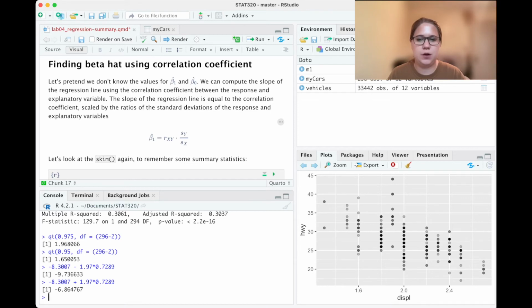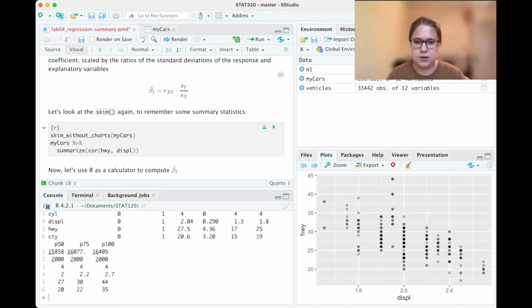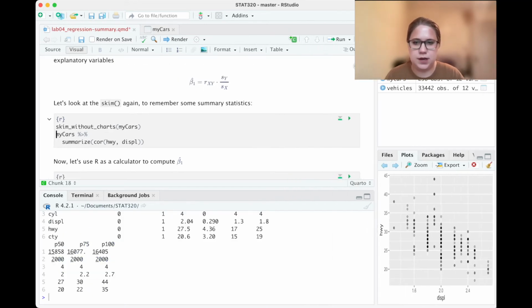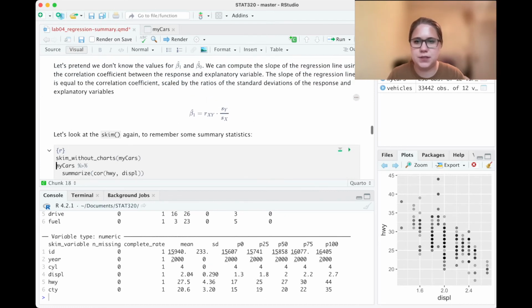So here's my equation, and I could look at the skim to remember those summary statistics. So let's see, I'm going to smoosh this out so it looks a little nicer. Let's see, so the standard deviation of my y variable is highway. So here's my row for that, and the standard deviation, 4.36.